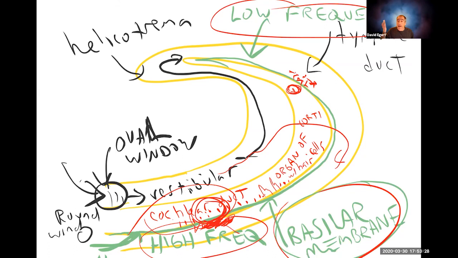This is like if you have a cochlear implant. A cochlear implant is for somebody who has sensorineural deafness, right? The system isn't working. You can actually take an electrode array, and you basically thread it up the cochlear duct.